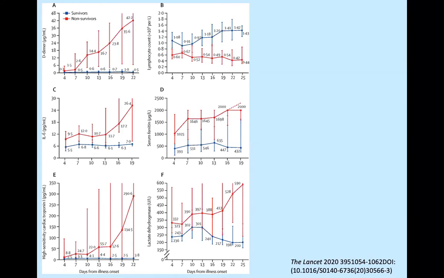So we've used the D-dimer, the troponin, the LDH, the ferritin as markers of deterioration. And we've got some study data to show that that's valid.